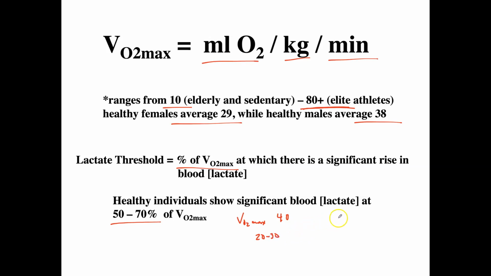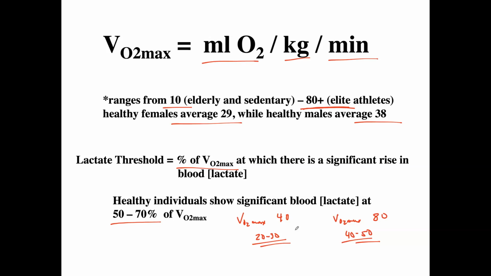But if you're an elite athlete with a VO2 max of, say, 80, you're not seeing significant lactic acid buildup until your VO2 max was 40 to 50, which means you can sustain activities much better as this elite athlete than you can as the average individual outperforming endurance activities. So the higher your VO2 max is, clearly the more endurance you're going to have.